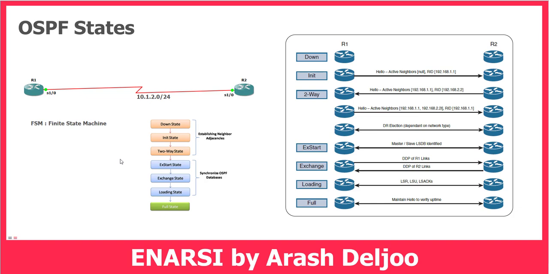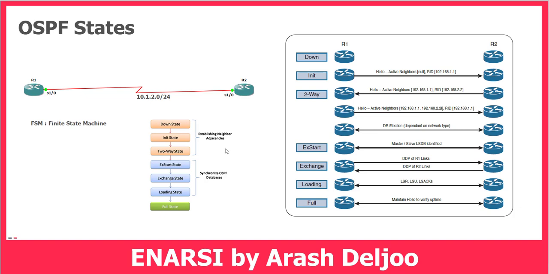After that, we can use these states to understand our status related to that neighbor. For example, if we are stuck in the Exstart state, you know this may be the result of an MTU mismatch between router 1 and router 2. Or if we reach the full state, this means we don't have any problem and our link state exchange process is completed. Because of that, we should know about the different states in OSPF.